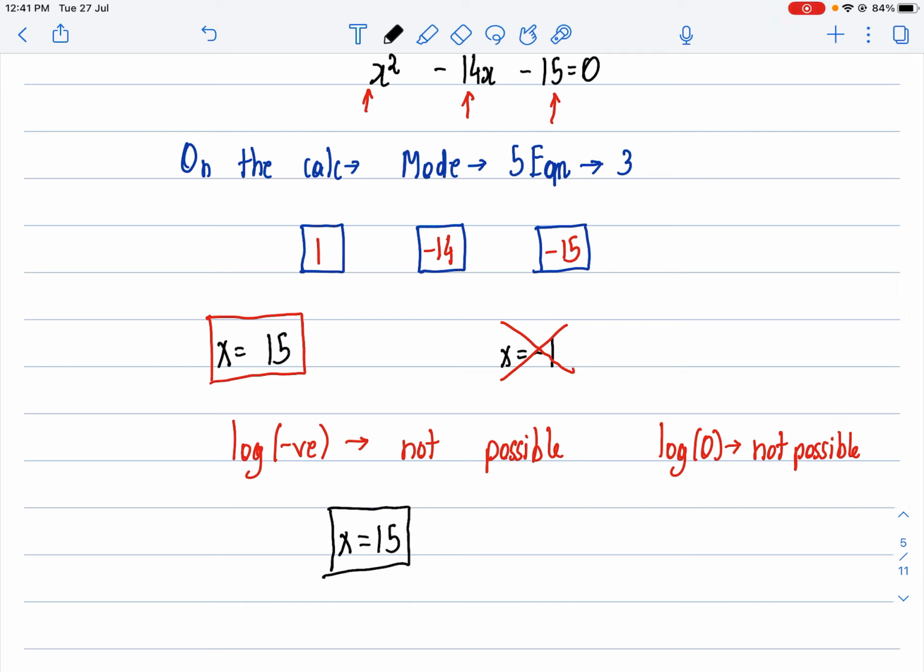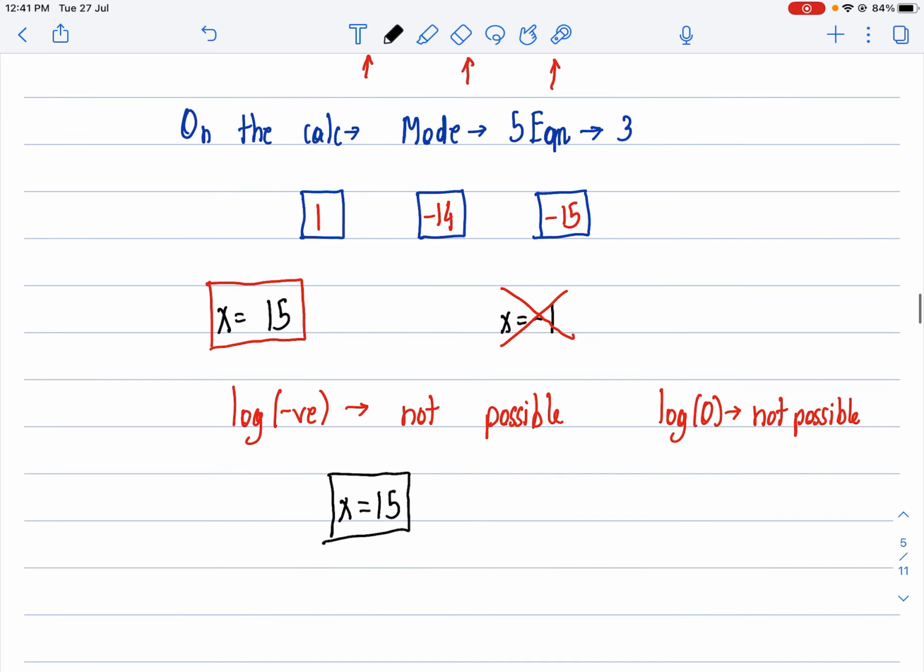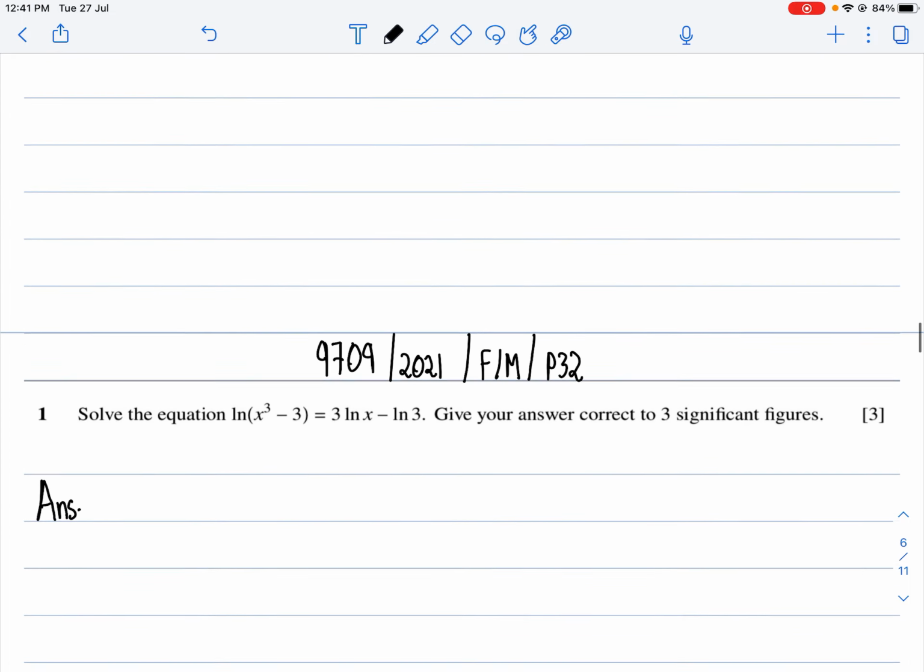If both are giving positive, then it's okay. But if there's something negative, like here we got ln of negative, then you need to eliminate that value of x. So the only value of x is basically 15. So this was one type of question. If you didn't get it, it's alright, because it's a complex chapter, you need to know how to use the properties. We'll go to the next past paper example.